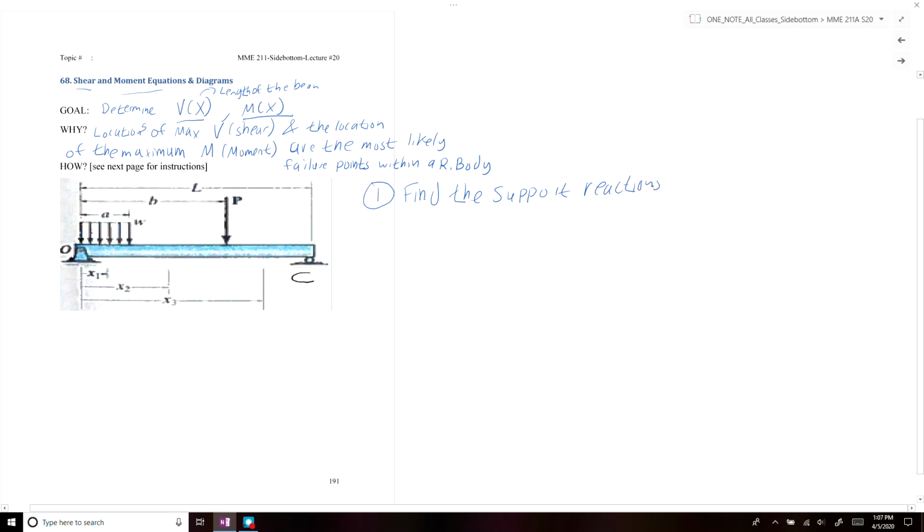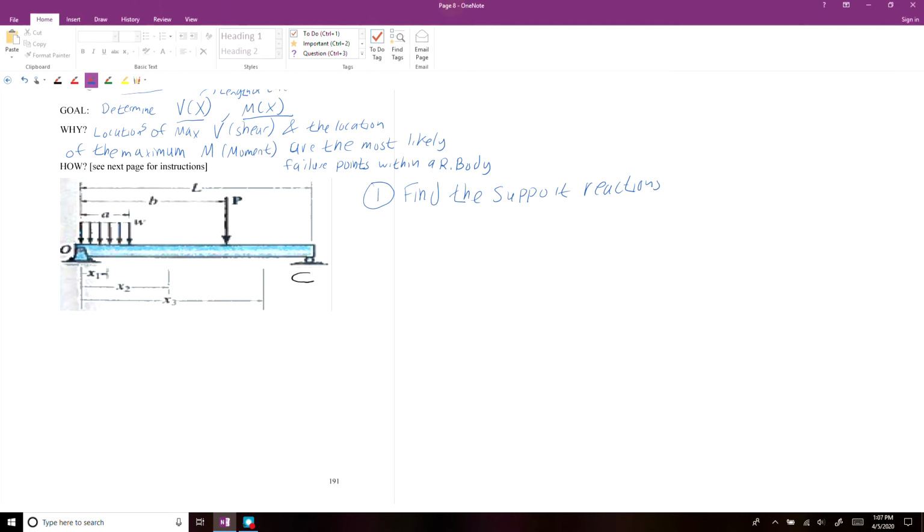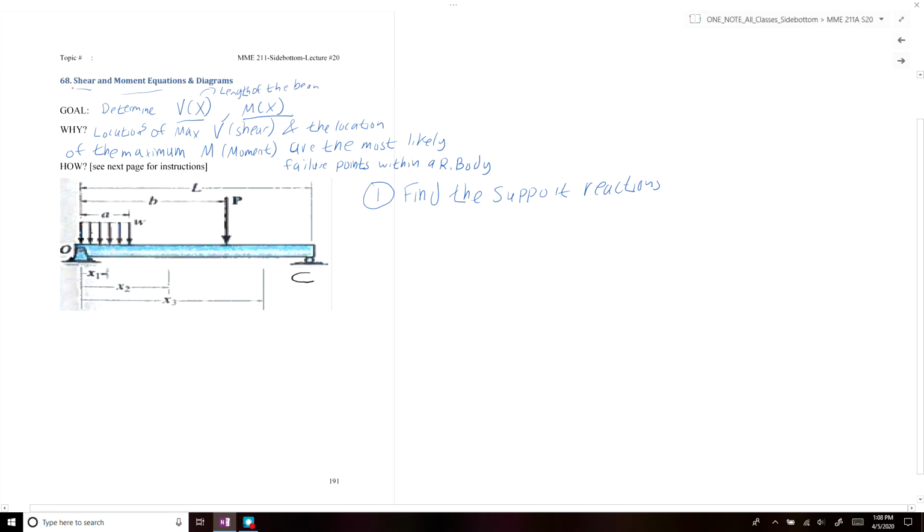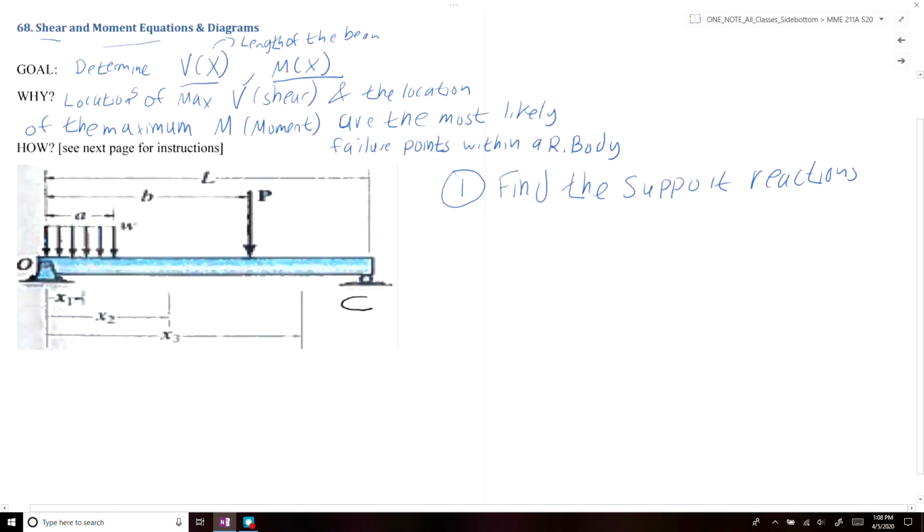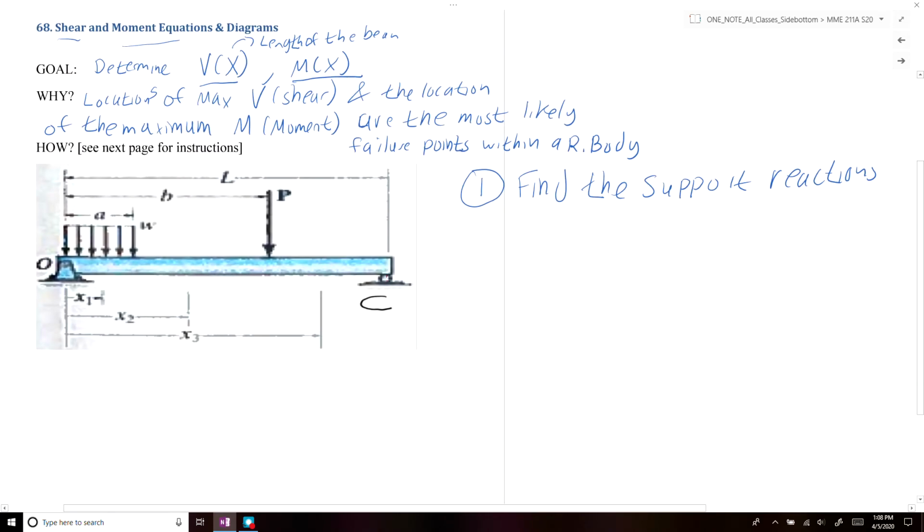In this case we have a roller at point C, so we would have a normal force at point C. At point O we have a pin, so we would have O of x and O of y. To find the supporting reactions, if we summed all the forces in the x direction and set them equal to 0, we could solve for Ox.